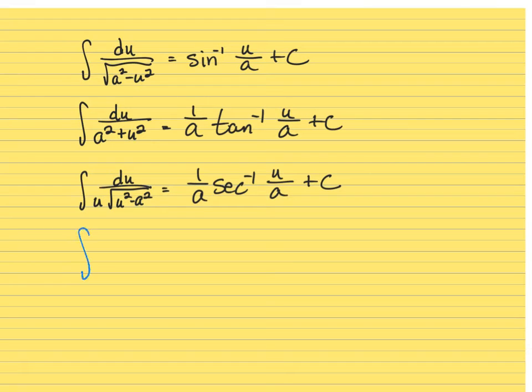So let's integrate, let's just go from negative 1/2 to 1/2, dx over square root of 1 minus x squared. All right.